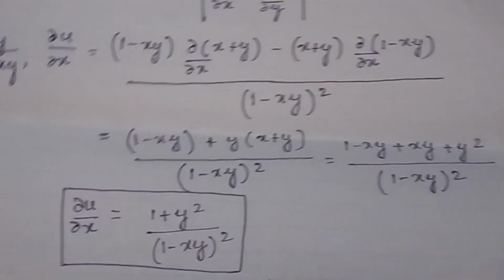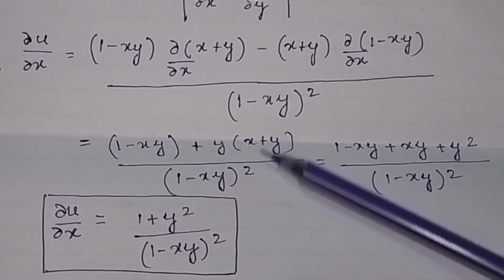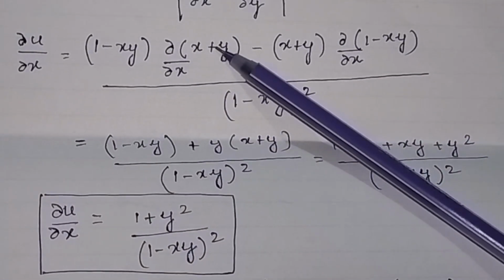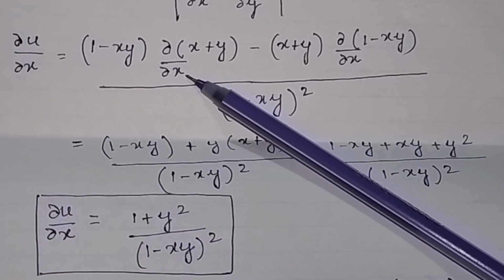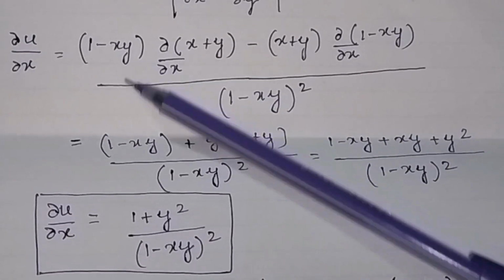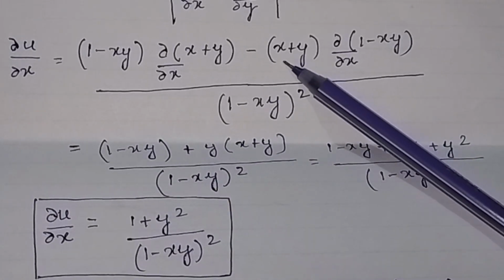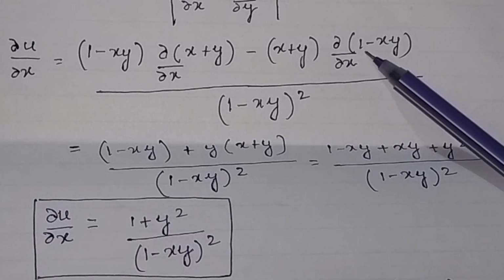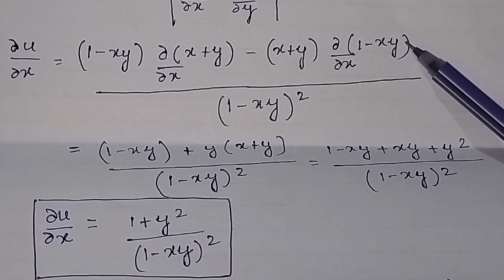If you solve it, the partial derivative of (x plus y) with respect to x is equal to 1. So (1 minus xy) into 1, and the partial derivative of (1 minus xy) with respect to x is equal to minus y.